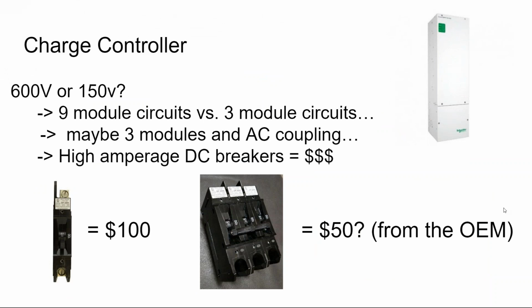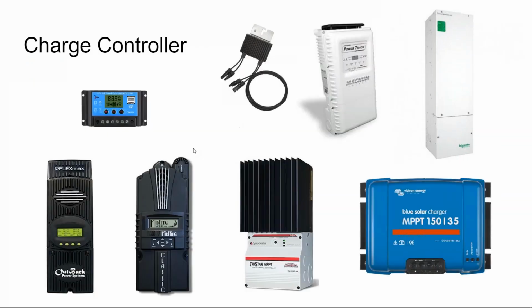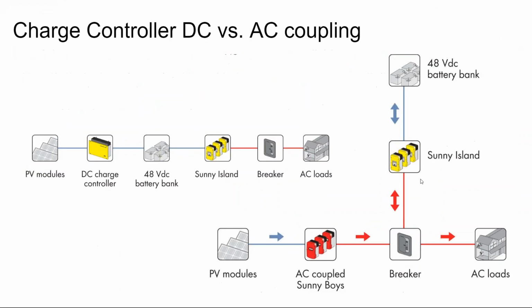So back on that, choosing between a 600 volt charge controller or a 150 volt charge controller, remember the charge controller goes between the solar array and the battery bank. And when I'm doing just regular batteryless solar, I'm going on up and designing around a 600 volt circuit.